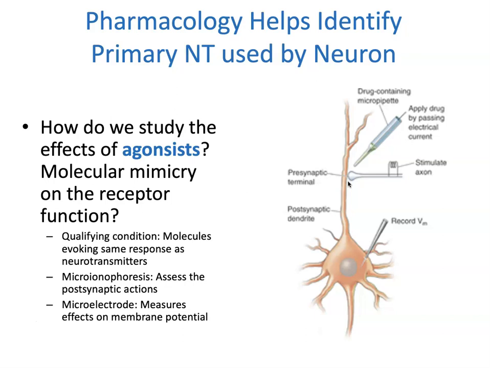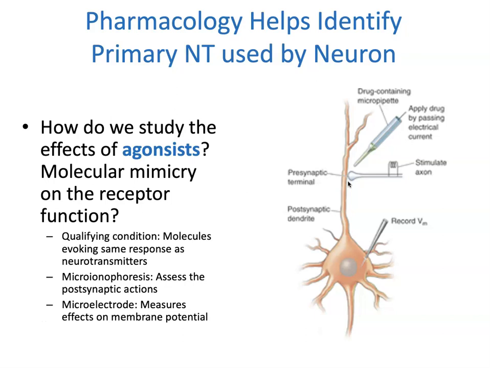You can have a competitive inhibitor, and you can have a non-competitive inhibitor. So there's also that to consider when you're talking about antagonizing or blocking the effect of the neurotransmitter.